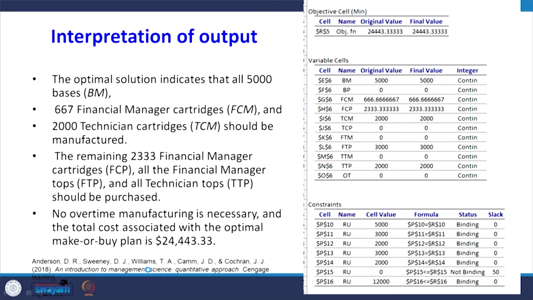So, what we are inferring from here is that our final objective function value is 24,443. The other thing is we see the BM is 5000.